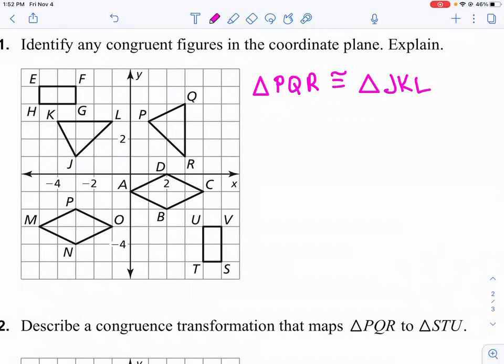So as we name PQR, it's the same as if we name JKL. It would be some sort of rotation, but I'm not going to worry about it right now. Let's just work on naming the congruent figures in the right order.